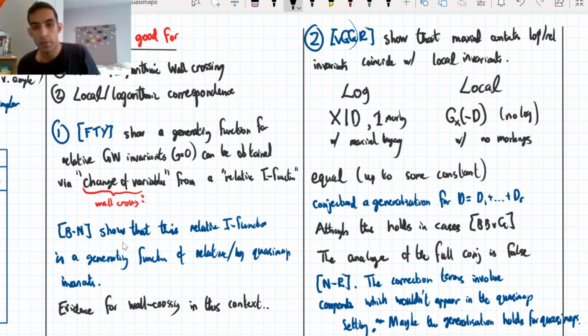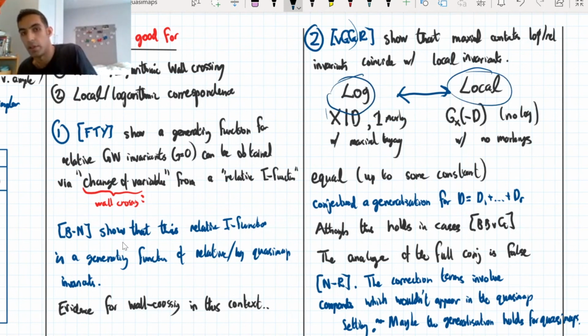This would be cool because if you do both of these things, then on the one hand you can relate relative Quasimap invariants to relative Gromov-Witten invariants, but then maybe you could compute the Gromov-Witten invariants via this correspondence, because there are localization techniques over here that don't work over there. So combining these could be quite interesting, but most of this section was speculation.